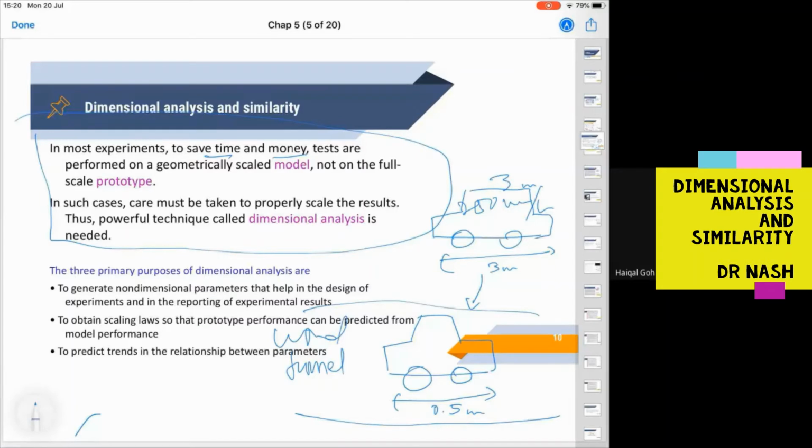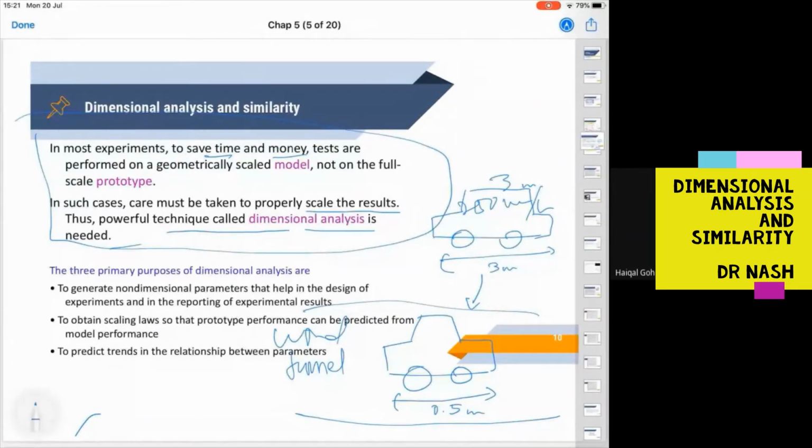That's why in this case care must be taken to properly scale the results. Thus, a powerful technique called dimensional analysis is needed. So we have to scale and everything, make sure that we can get the same one. You got what I mean?